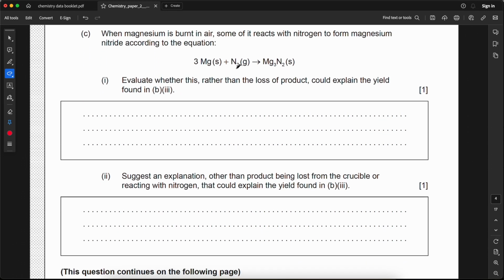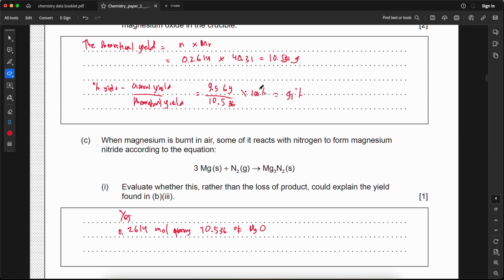When magnesium is burned in air, some of it reacts with nitrogen to form magnesium nitride according to the equation. This will be the equation. Evaluate whether this, rather than the loss of product, could explain the yield found in B3. So yes, 0.2614 mole forms 10.536 of magnesium oxide. We already did the calculation here.